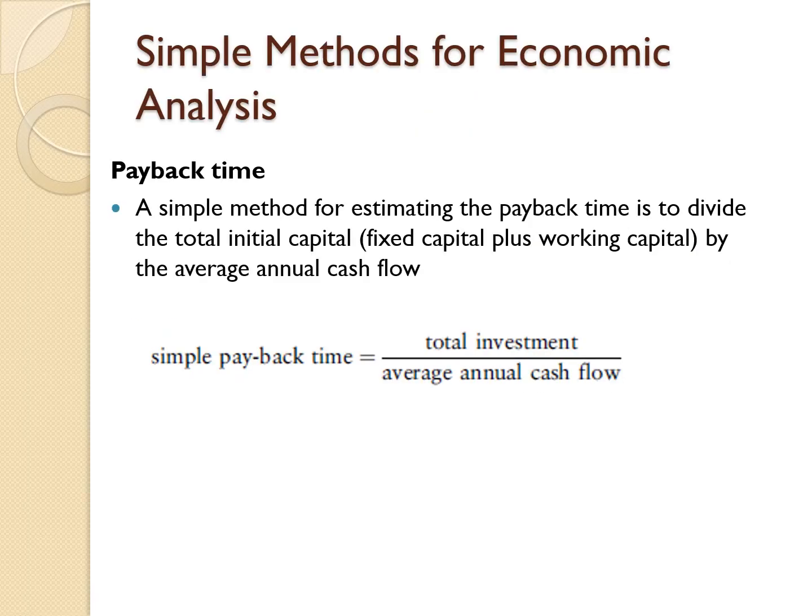Okay. So next, on the economic evaluations, we need to perform the simple methods for economic analysis. So the first analysis is payback time. A simple method for estimating the payback time is to divide the total initial capital, which is fixed capital plus working capital, by the average annual cash flow.